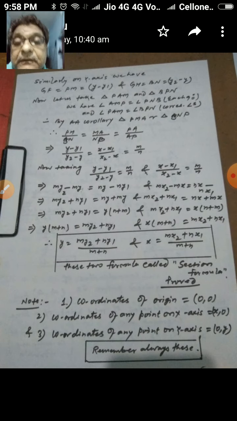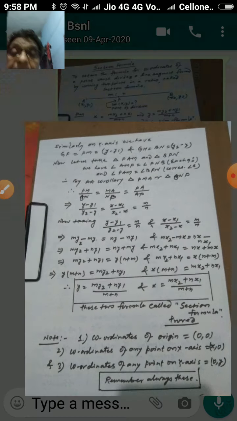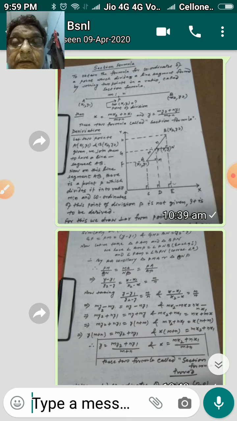Now we consider the two triangles in that figure. These are triangle PMA and triangle BNP.